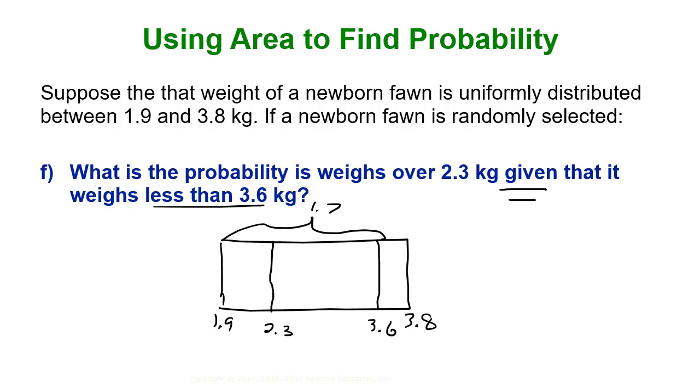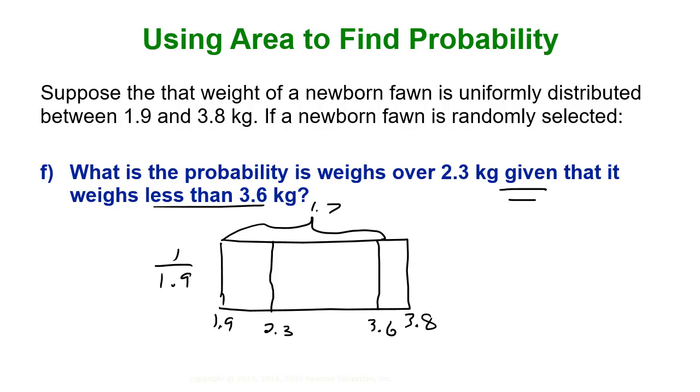Now the height doesn't change, right? I mean, this is still the same bar. So this height is still 1 over 1.9. But we're now looking for the probability that something weighs over 2.3 given that we're in this range.